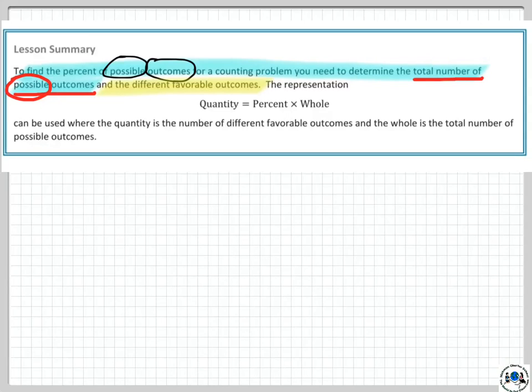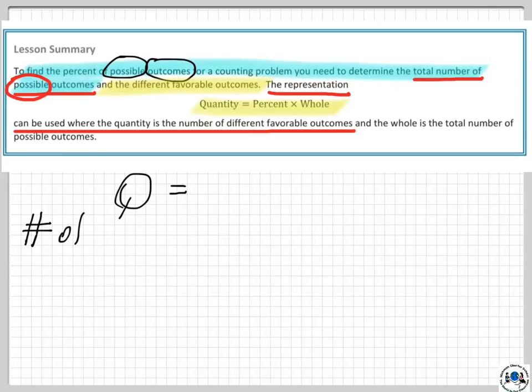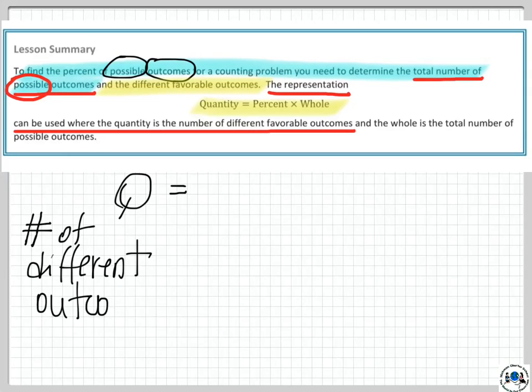And again, in the next module, we will talk more about that in the statistics world. The representation, quantity equals percent times whole, can be used, where the quantity is the number of different favorable outcomes. So that would be the Q. And I should adjust this here, if you're going to write notes, this is different favorable outcomes, and that's a big difference.